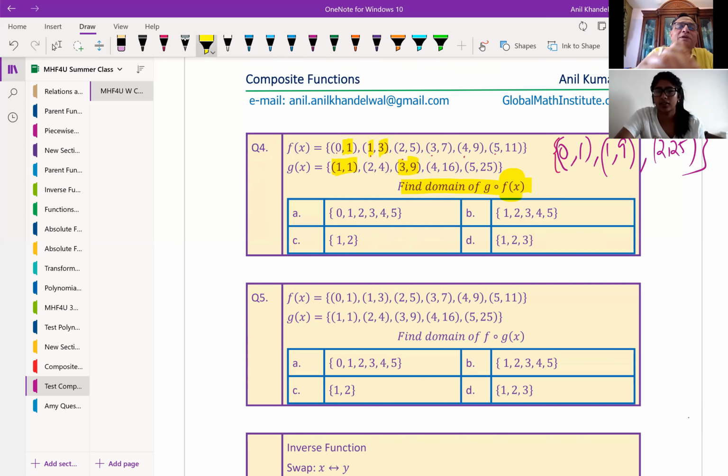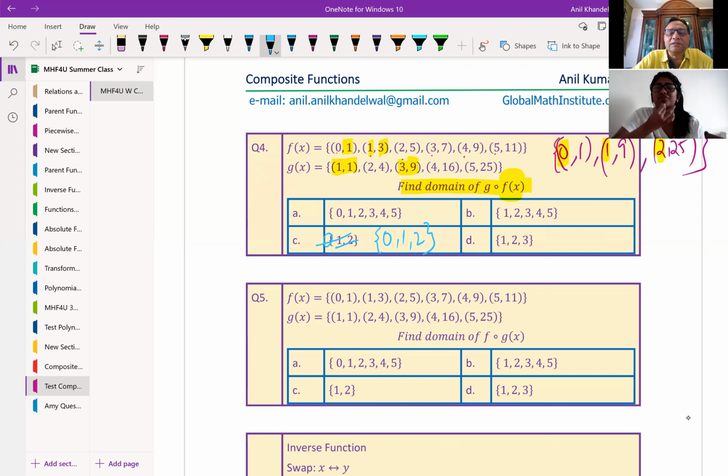So basically, what you get is 0, 1, and 2 as your output. And so the domain of this function is 0, 1, and 2, which I kind of missed here. Yeah, I wrote all these questions yesterday, so maybe some typing errors. Okay, very good. That is the way you have to do it.